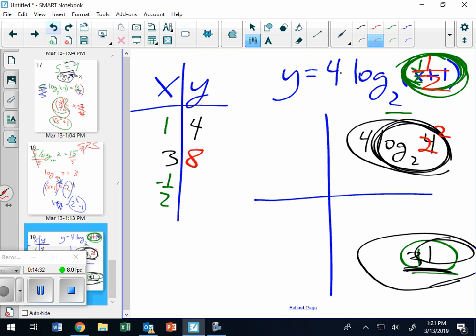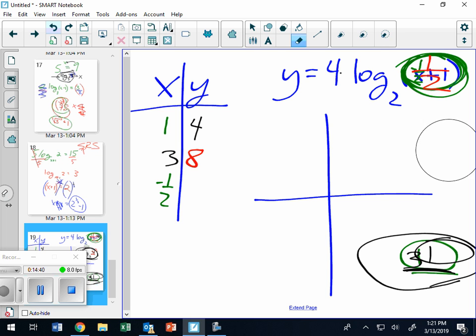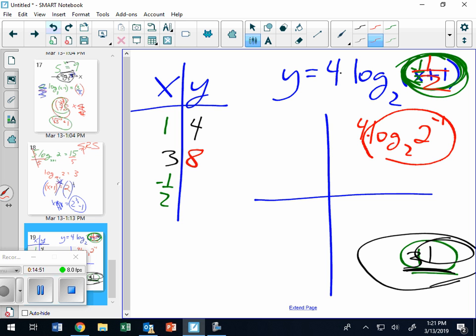If this is 1/2. Yes. So then the answer becomes log base 2 of 2 to the negative 1. Very nice. And then that becomes negative 1 times the 4, which makes negative 4. That would have been an awesome point. Now, not many people do that.